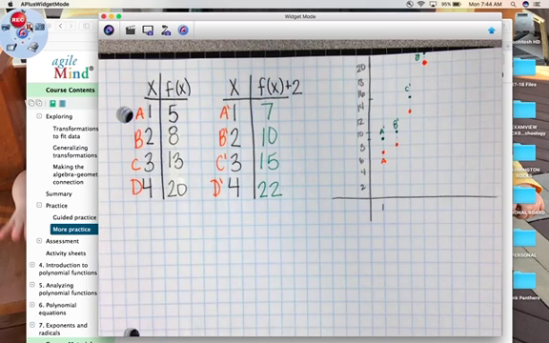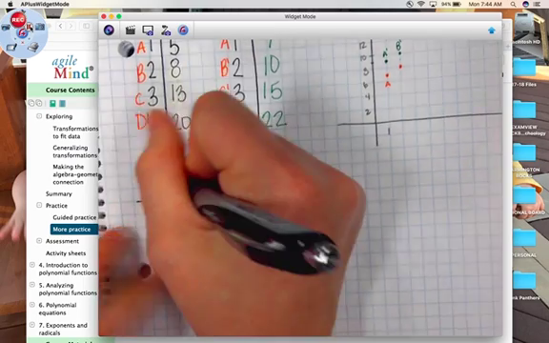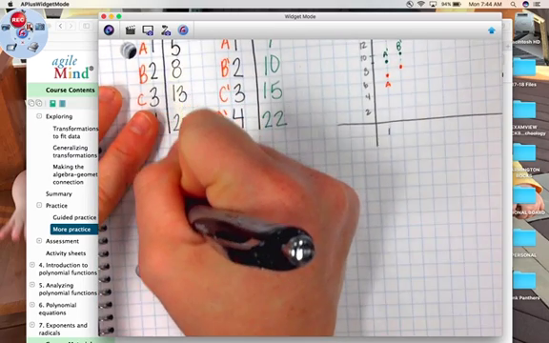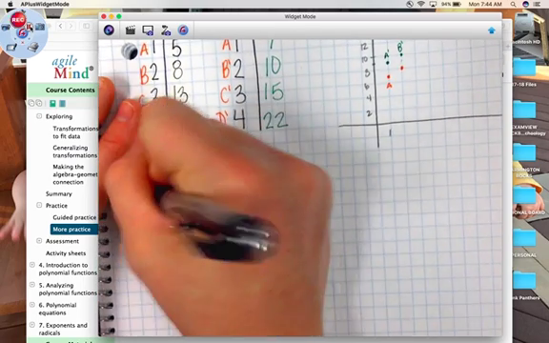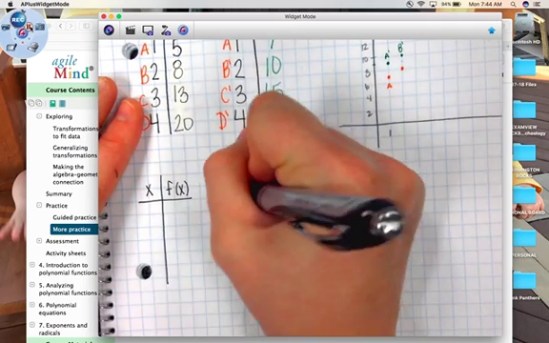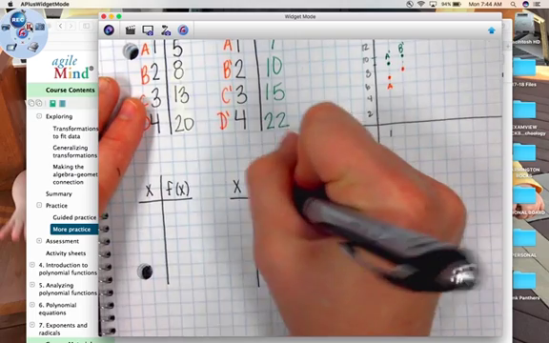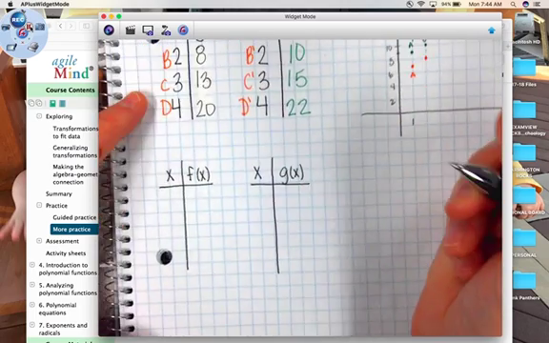Now, the last thing that you're going to see is if you are given two tables. So if you're given two tables, it's going to ask you for the equation. So x, f of x, and then x, g of x, or whatever of x.